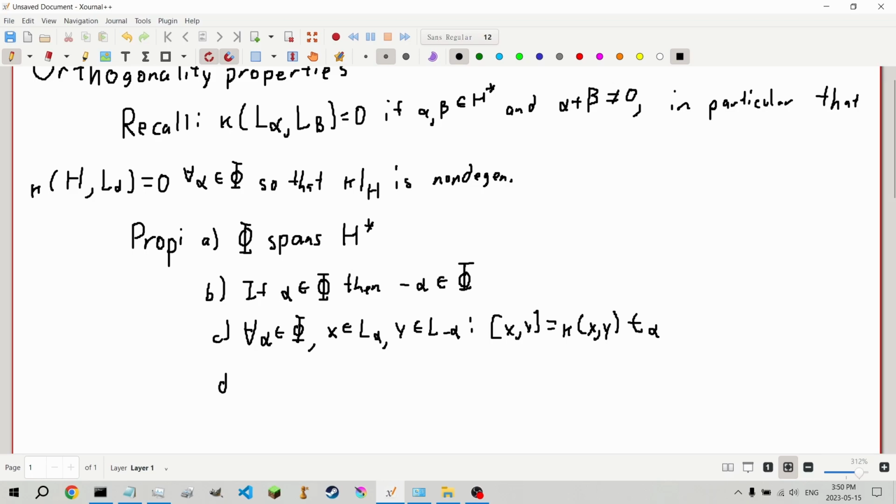Continuing on for D, for all alpha, if alpha is a root, then the bracket of L alpha and L negative alpha is one-dimensional, with a basis of a single element, of course, and that is going to be our t alpha.